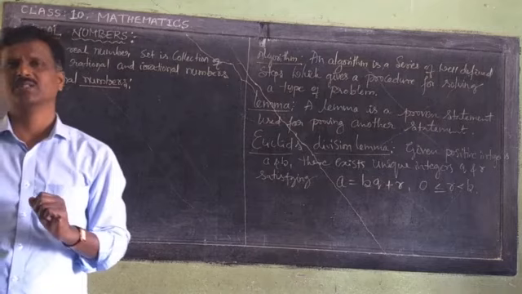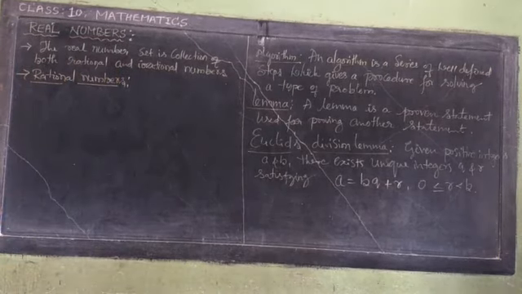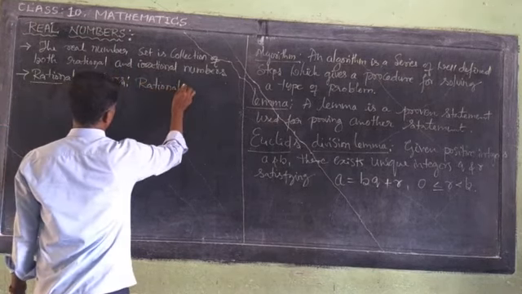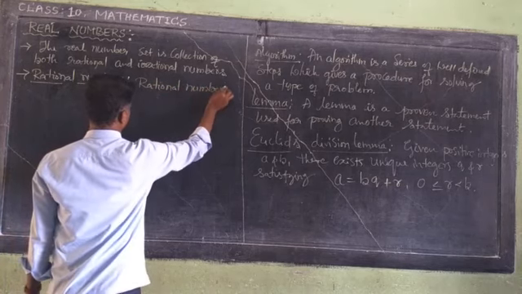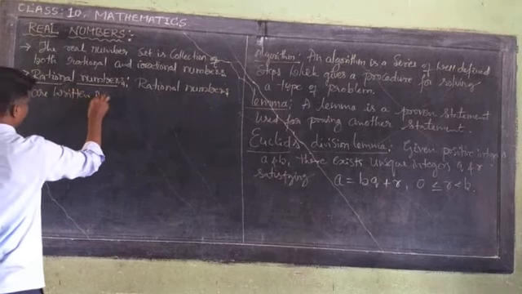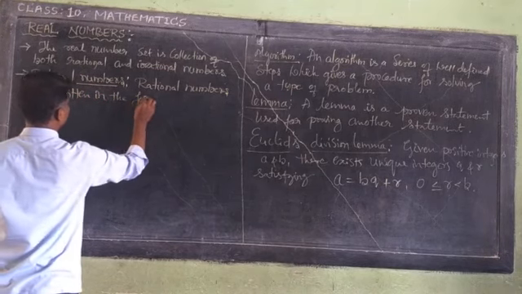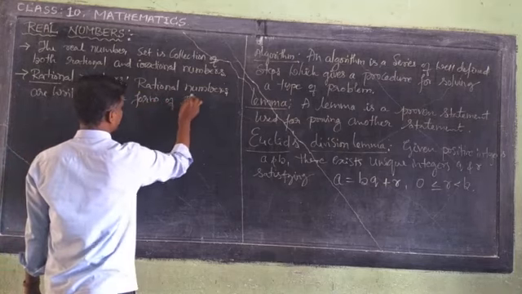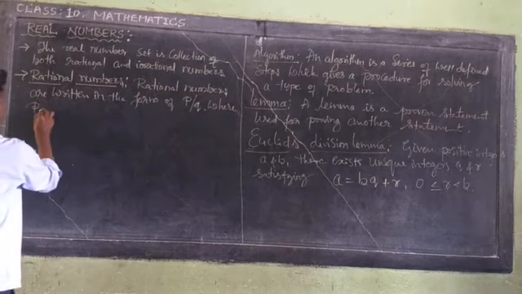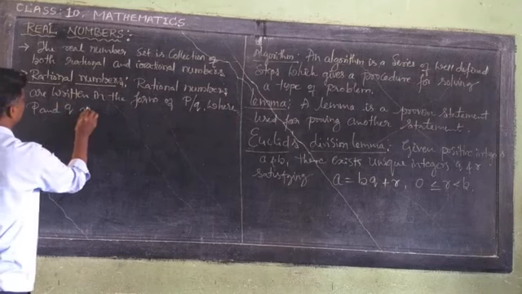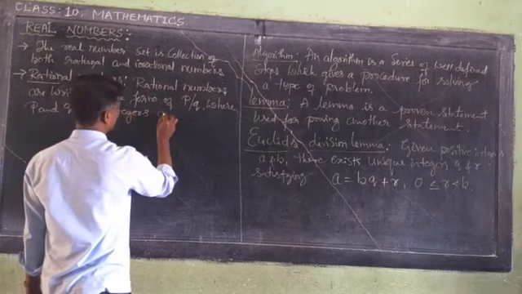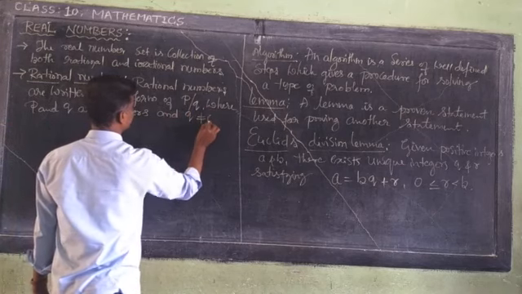What are rational numbers? Rational numbers are written in the form of P by Q, where P and Q are integers and Q is not equal to 0.